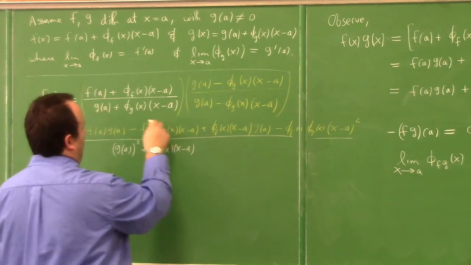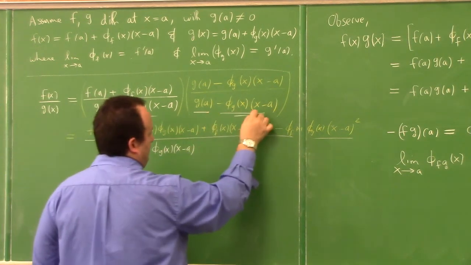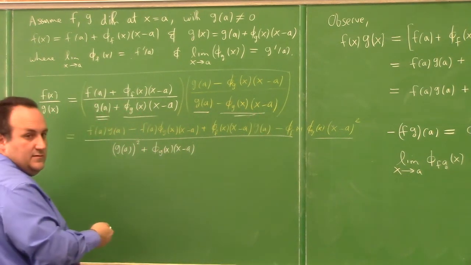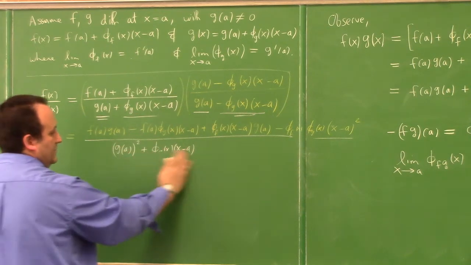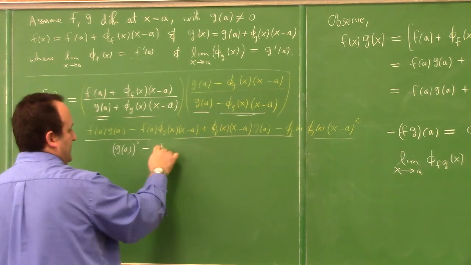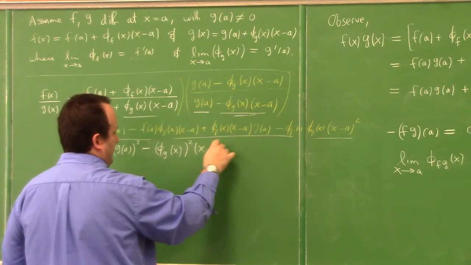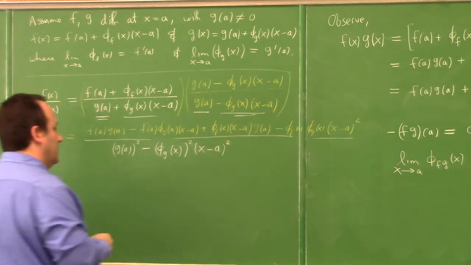Oh, that's the thing, this times that and this times that cancel, right? That's the whole point of multiplying by what we did. So all that survives from that is the minus phi g of x squared times x minus a squared term.